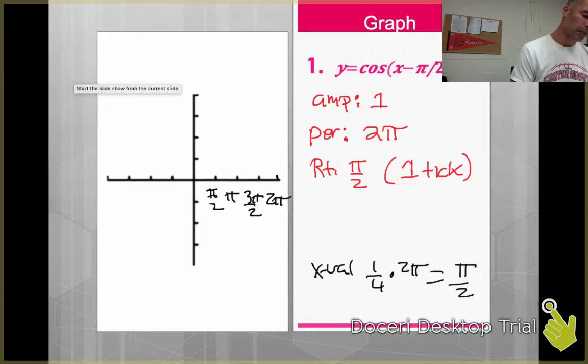Okay, so it's a cosine graph. My amplitude is 1. So normally I would start right here, but I have to move it to the right. So this is my point. And then normally I would go right here, but it says I need to move it to the right. So there's my point. And then normally I'd come back to here, but I have to move it to the right.